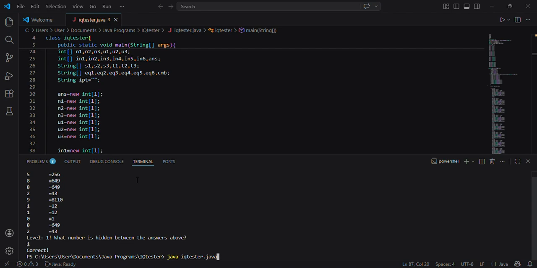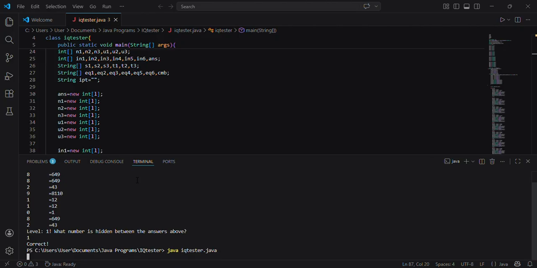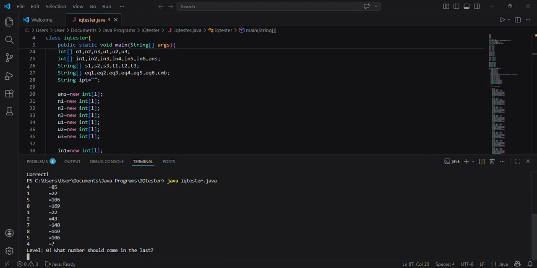So coming to the next question. The hidden number in the first question was 1. The next question is quite similar, but is asking for the last missing number.